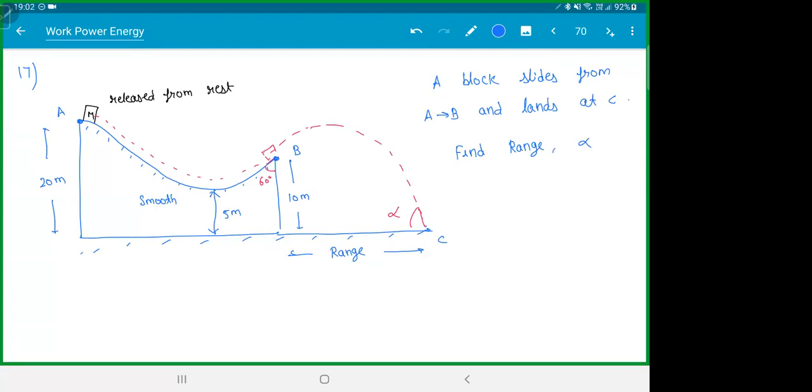Alpha is the angle made by the velocity vector on the ground. Let's get this.